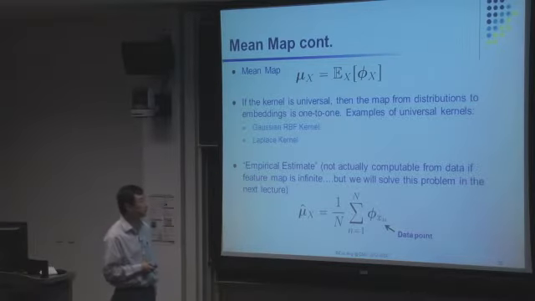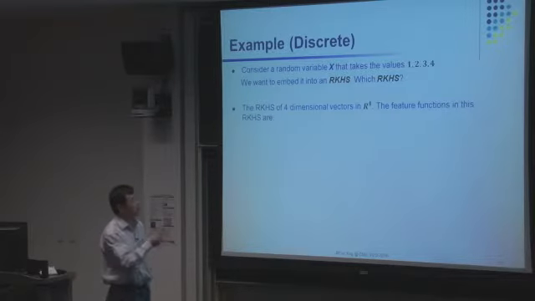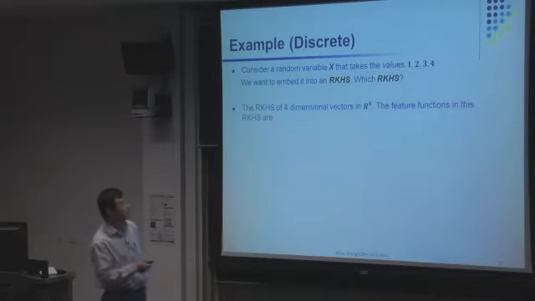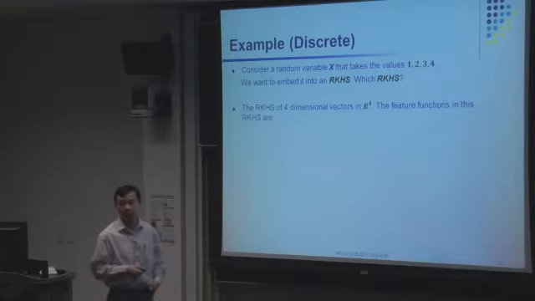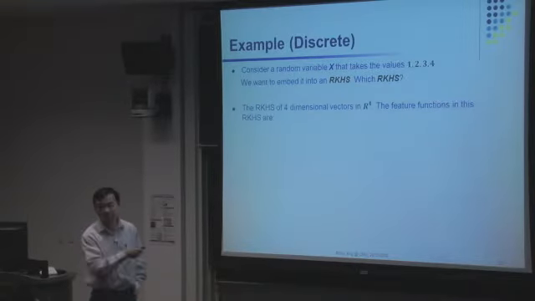That's the first assumption. Here is an example I want to give to showcase the utility of such a mapping. Suppose we are taking a random variable x, discrete, 1, 2, 3, 4. In fact, we saw this embedding before, which happened to also be an RKHS mapping.